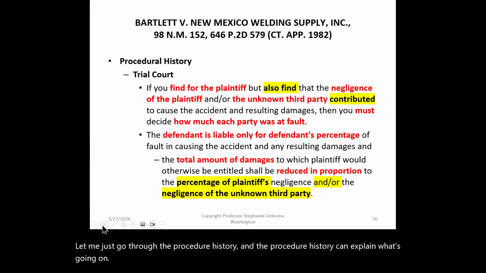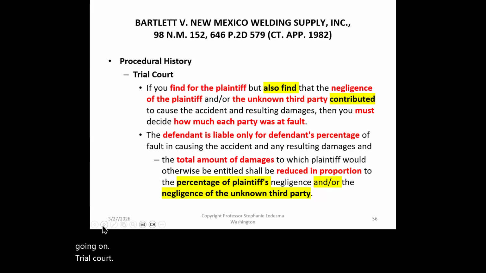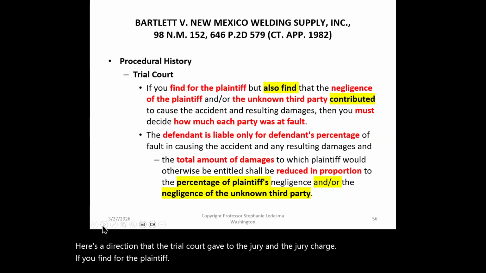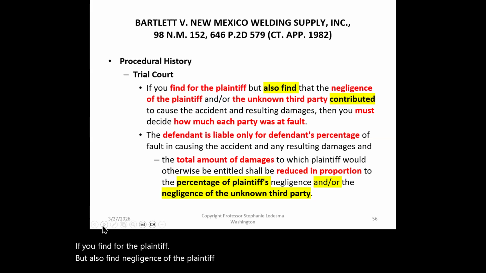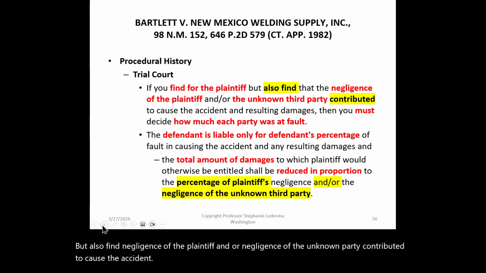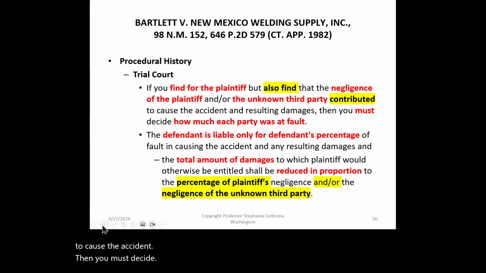Trial court. Here's a direction that the trial court gave to the jury in the jury charge. If you find for the plaintiff, but also find negligence of the plaintiff and or negligence of the unknown party contributed to cause the accident, then you must decide each party's fault.